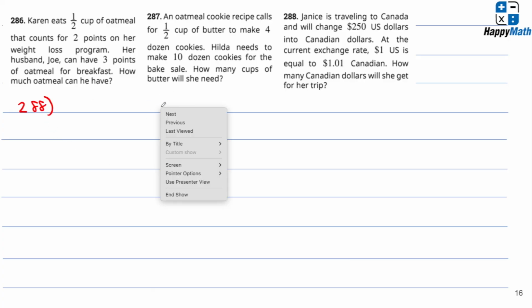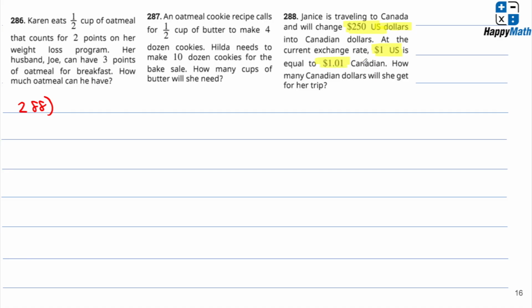288. We'll change something here. $250 into the Canadian, and about the rate is $1 here will be changed into Canadian. Okay, so how many Canadian? Yes, I will put the dollar first and over h Canadian. And about the rate, you got $1 for US will be 1.01 Canadian.